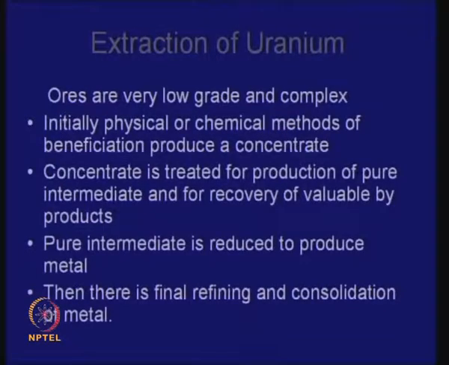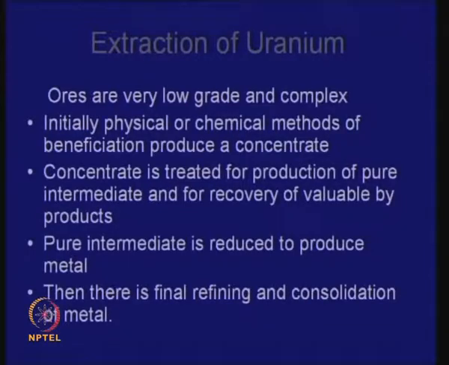We are to talk about nuclear reactor metals. Now, in the case of all these metals, the ores are actually very low grade and complex. If you talk about a uranium ore, you cannot find a uranium ore like iron ore or aluminum ore, where the aluminum or iron percentage is very high. It is not so.